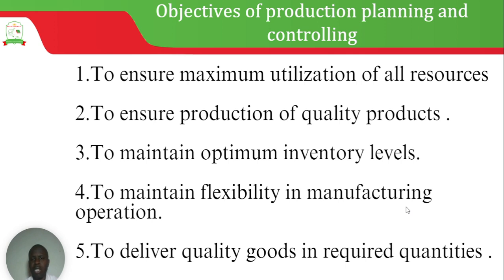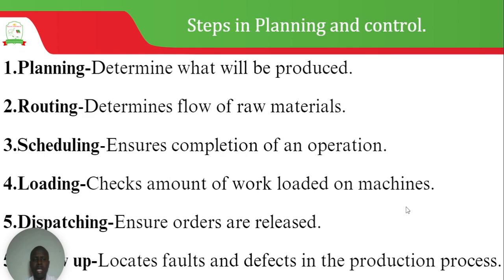Remember, in our production activities, we need to be flexible. Flexible means we can adapt to change, improve on aspects that maybe customers have raised issues with in our products, check on our product lines to ensure that they are efficient, and so on and so forth. And finally, we want to deliver quality goods as required and in the relevant quantities. So that's very, very important to note.